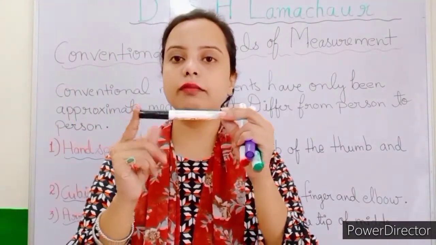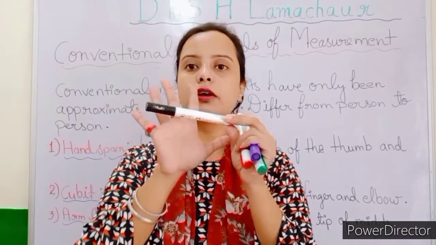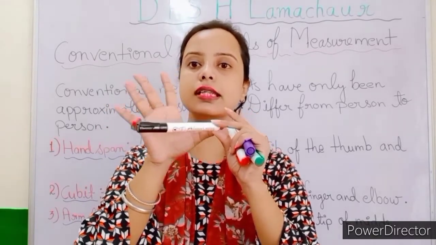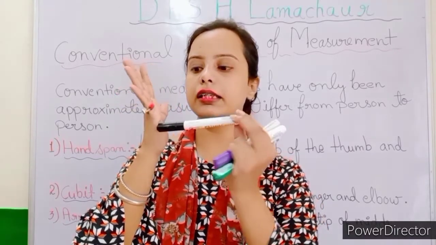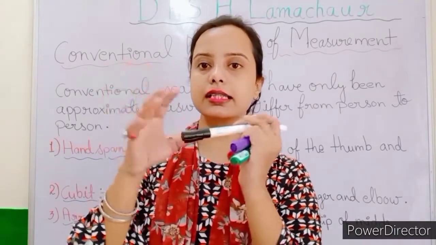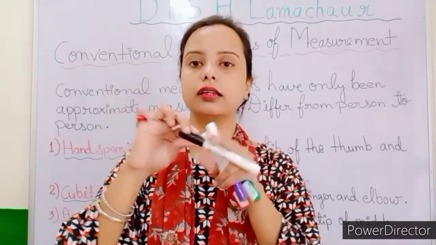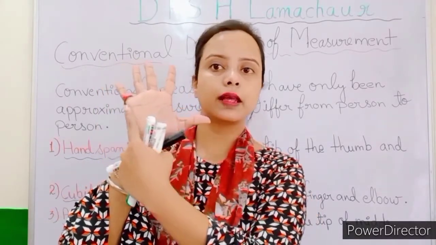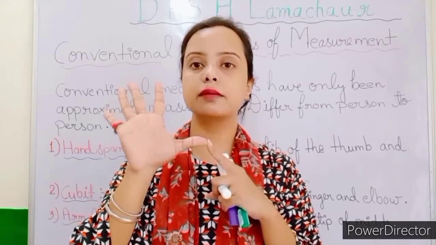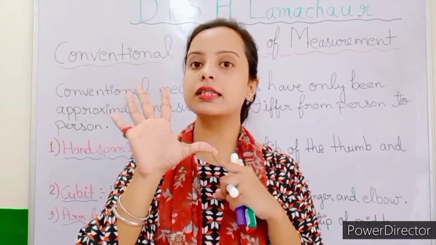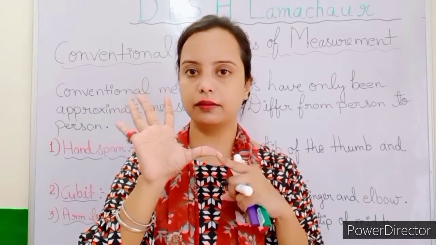With the help of my hand, I am trying to measure it, and here I can put a mark that the length of this marker is from here to here. But the exact measurement I don't know. This is just an approximate idea.